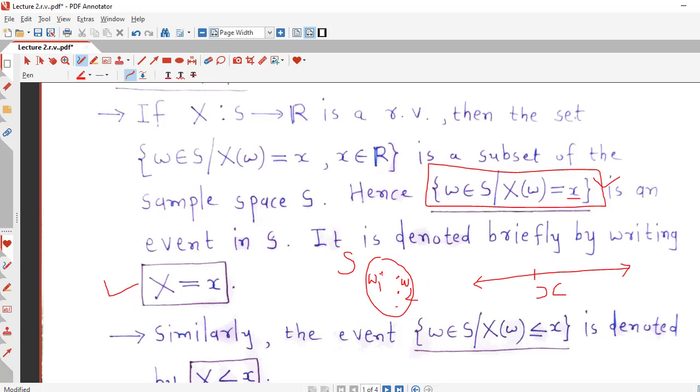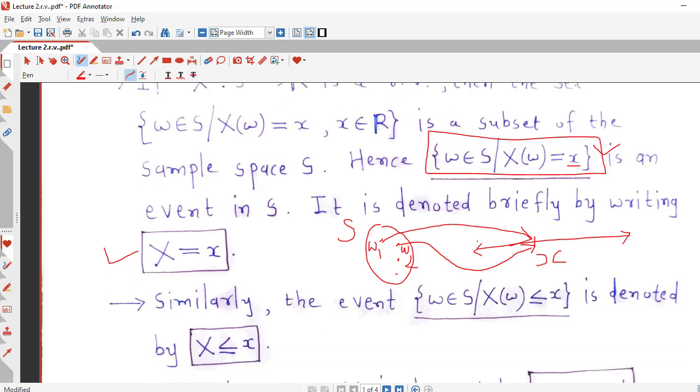If the images of omega 1 and omega 2 under the random variable X are small x, then this event capital X equal to x will contain 2 outcomes, omega 1 comma omega 2. So this is nothing but this event capital X equal to x.